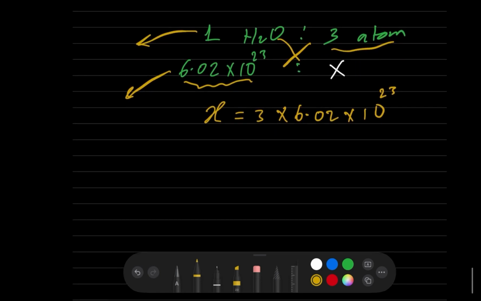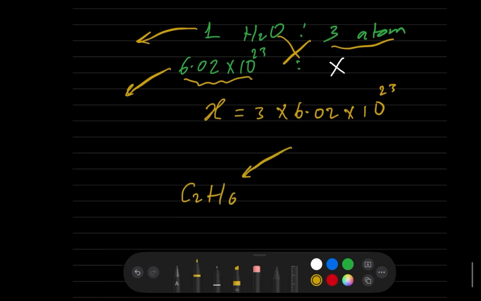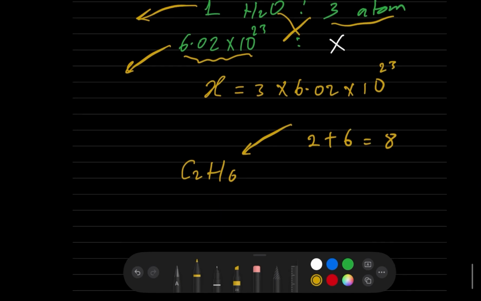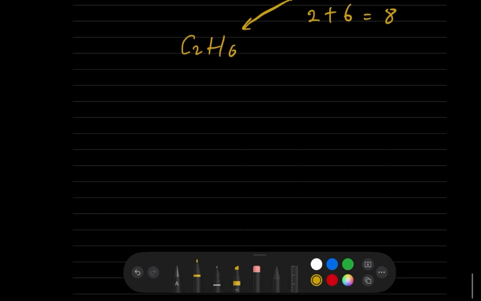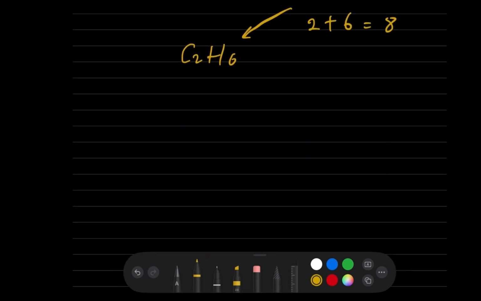For example, we can apply it to C2H6. If I need to calculate how many atoms are in here, we can say we have 2 carbons and 6 hydrogens, and the total is 8. So if I ask you, for example, how many atoms are in C2H6, easily you can say each 1 mole of C2H6 contains this number of molecules, right?